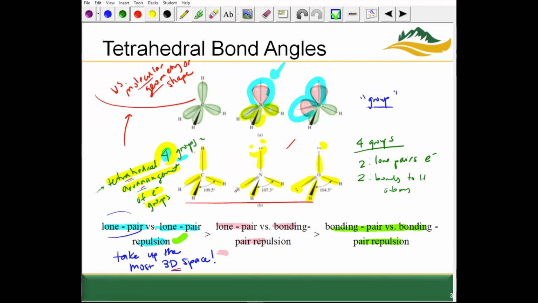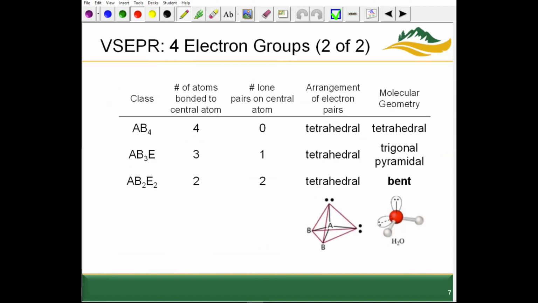But again, when we talk about molecular geometry or the shape, this is a different shape than this, because this has 1 lone pair and 3 bonds, 2 lone pairs and 2 bonds, versus all 4 just bonds. And so we'll come back to this slide number 7 here when we have 4 electron groups. The arrangement of electron groups or pairs is all tetrahedral.